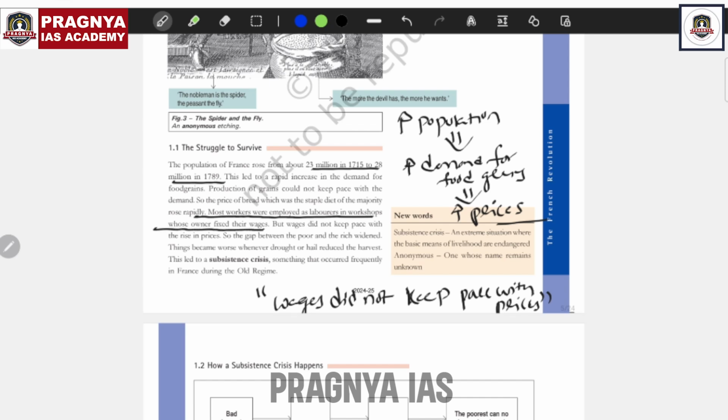So the gap between the poor and the rich widened, and things became worse.